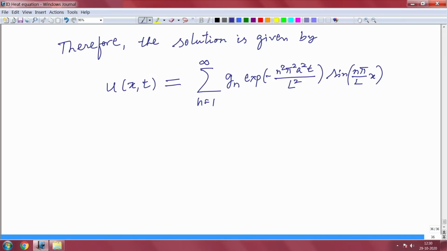Okay. So, with the stated hypothesis on g, that is always possible.